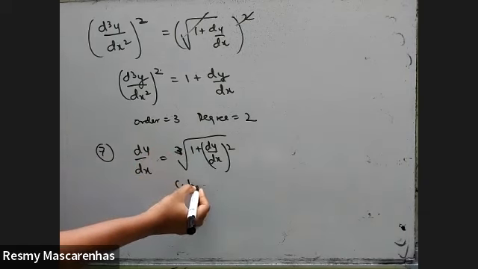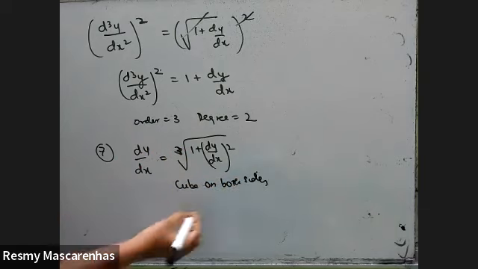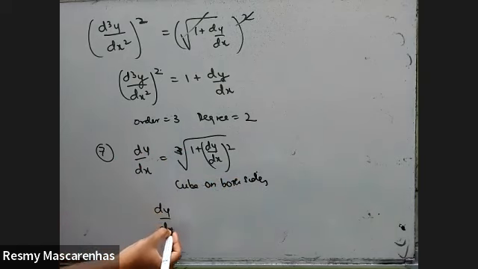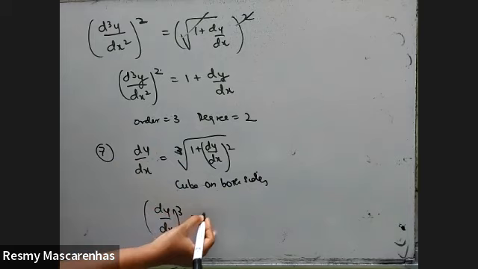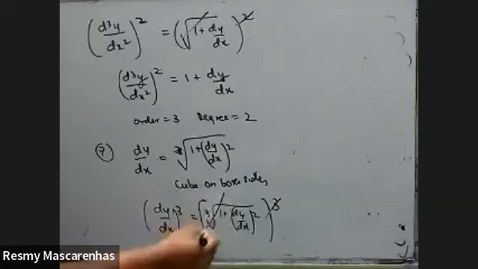You can cube on both sides. Cube root and cube will cancel.